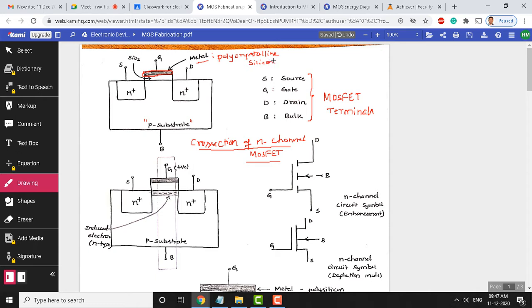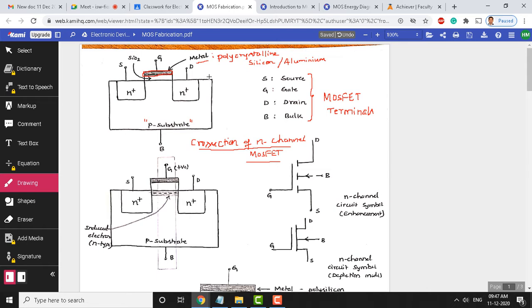Earlier we were using this metal as aluminum, but now this aluminum has been replaced with polycrystalline silicon. That is the difference. Immediately below this metal layer you see a silicon dioxide layer, which is an insulator here.